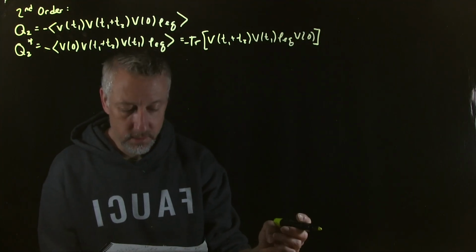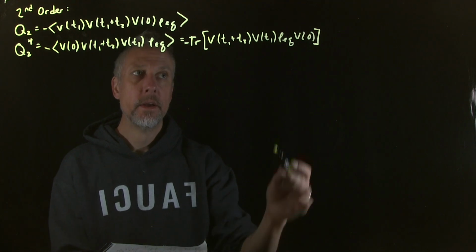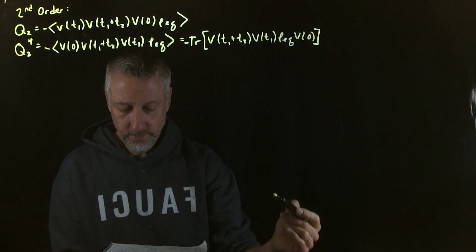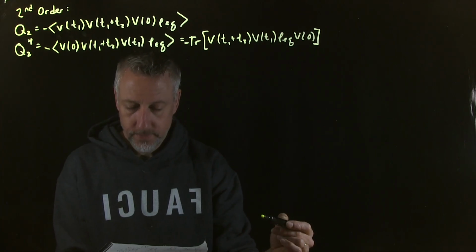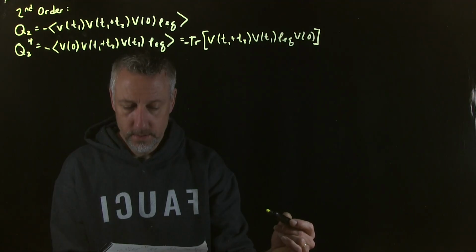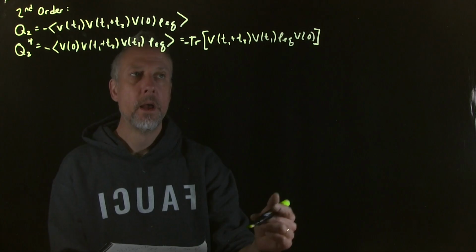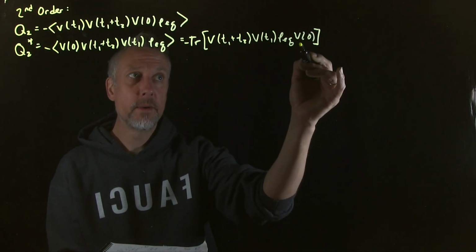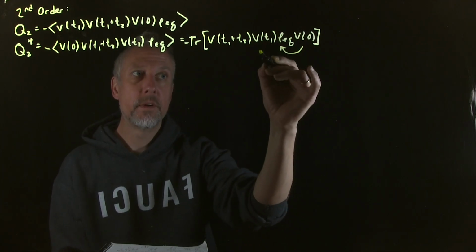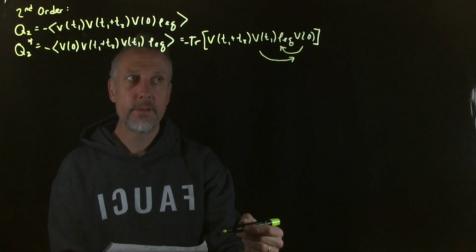So when I plug in the mu's and all that stuff, what's going to happen is I'm going to be operating with the mu from the right first, then I'm going to be operating with mu from the left, and ultimately the overall trace has mu on the left, right?